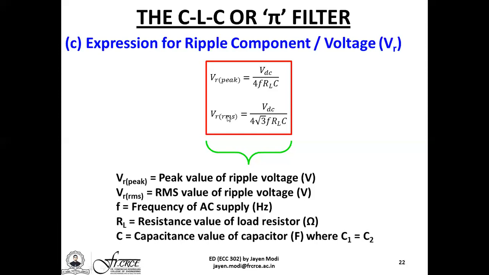So for a triangular waveform, the ripple RMS and the peak value have been shown by the value root 3. That's a standard expression.